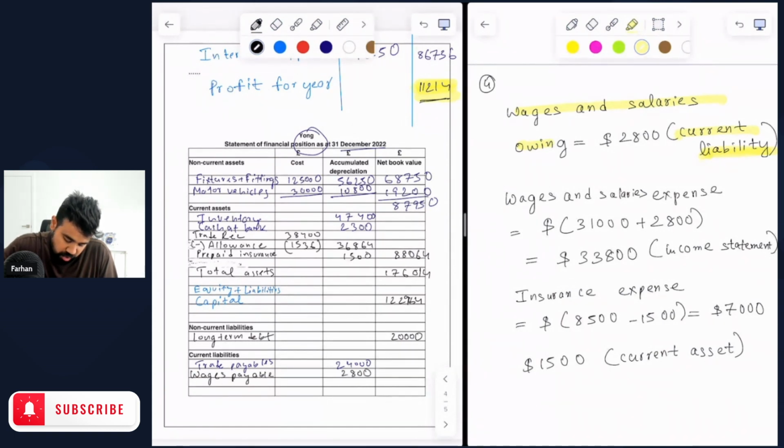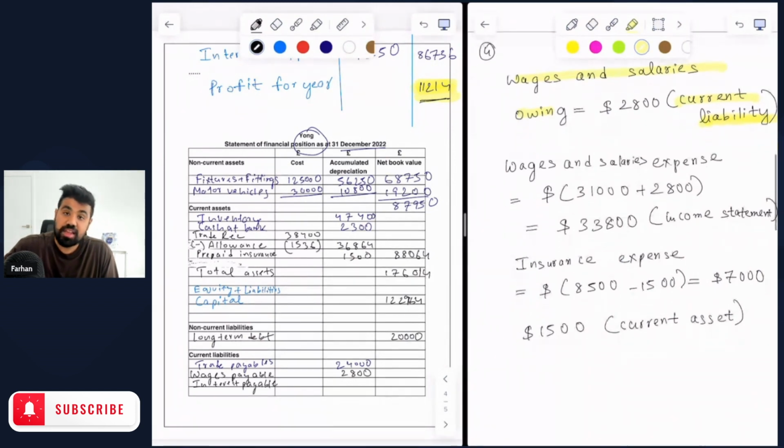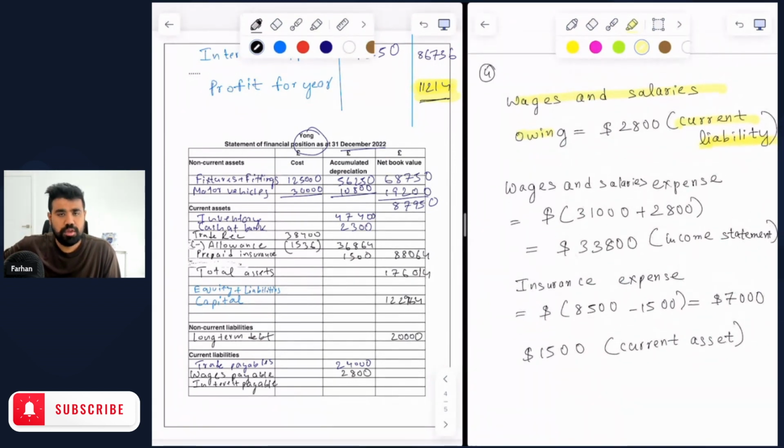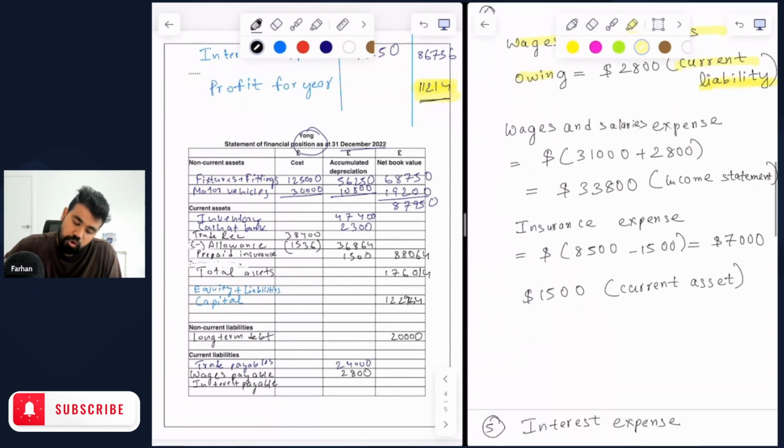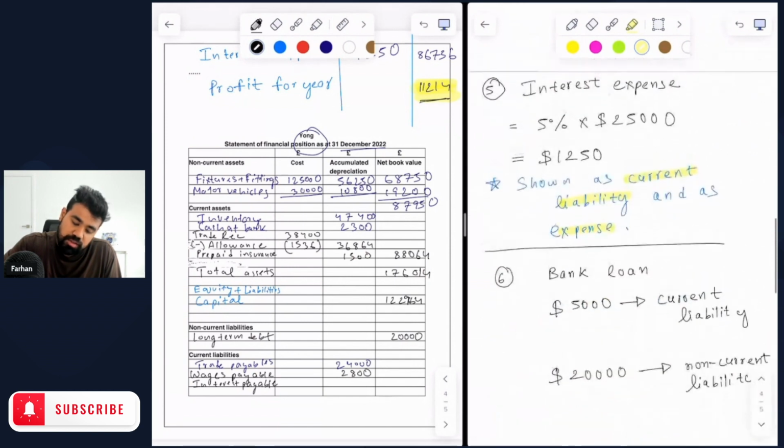Then we had interest expense. This is the main reason why you want to do all the workings first and classify what is exactly going to the balance sheet and what is actually going to the statement of financial performance, or the income statement. If you remember, interest expense of 1,250 was not paid at all, and that defines it to be a current liability.